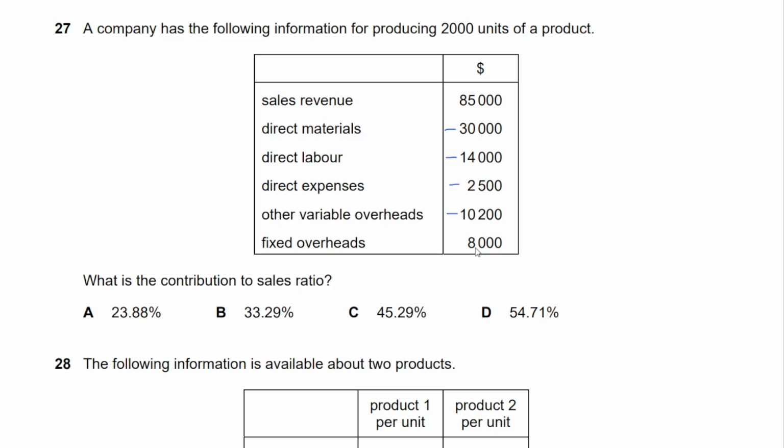So 85,000 minus 30,000 minus 14,000 minus 2,500 minus 10,200. That's 28,300. And that is contribution, right? What is sales? 85,000. That should give us contribution to sales ratio. It's 28,300 over 85,000 times 100 gives me 33.29.